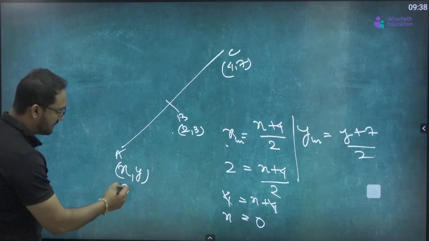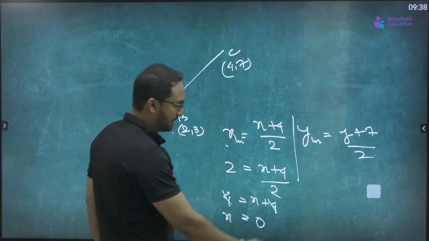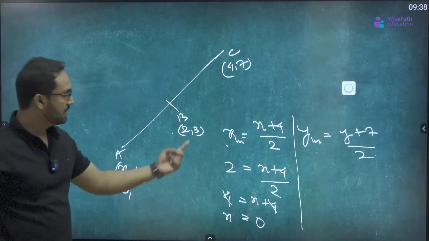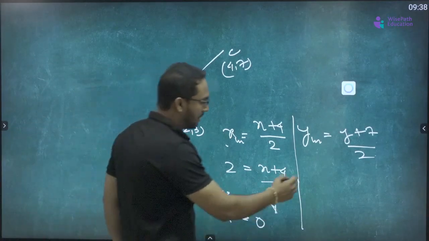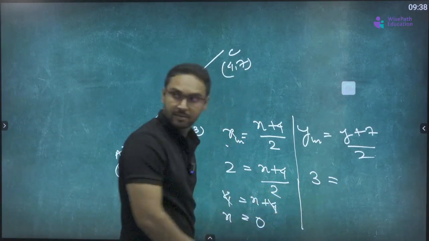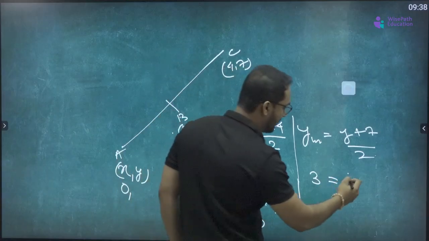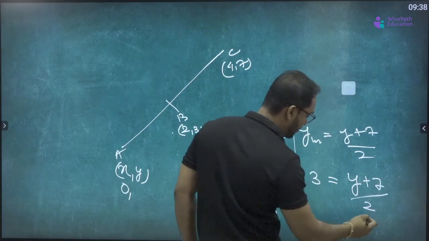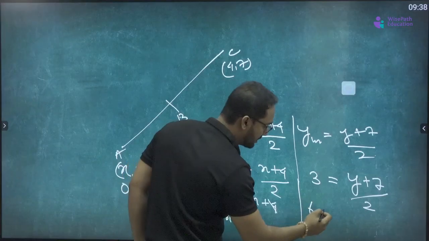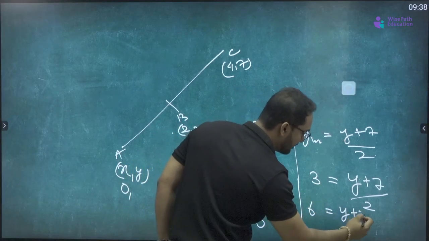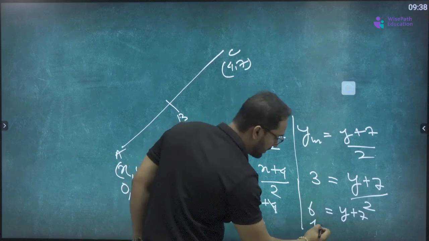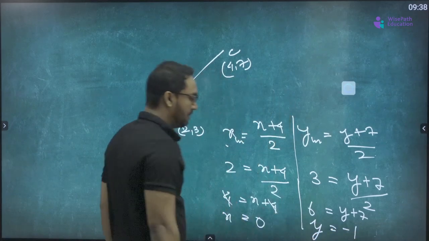And the y coordinate is 3, so I am applying 3 here. y plus 7 over 2 cross multiplied, you get 6. y plus 7, taking 7 to the other side becomes minus 7, so y equals minus 1.